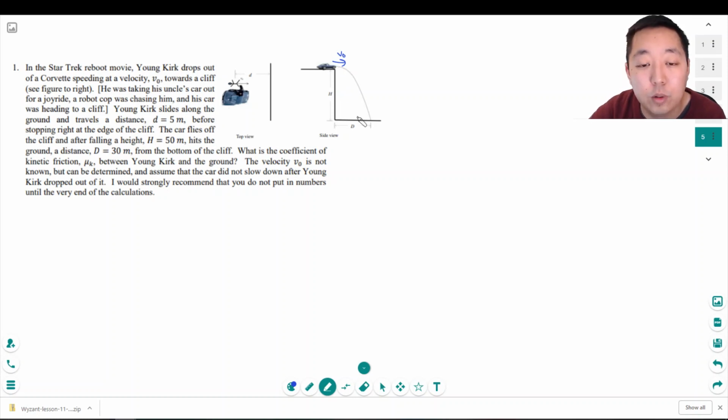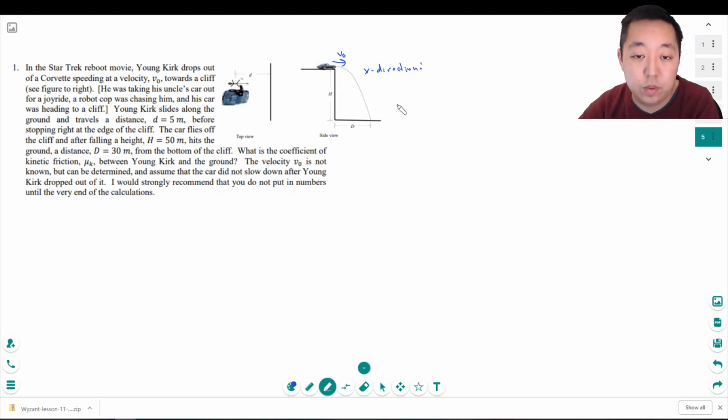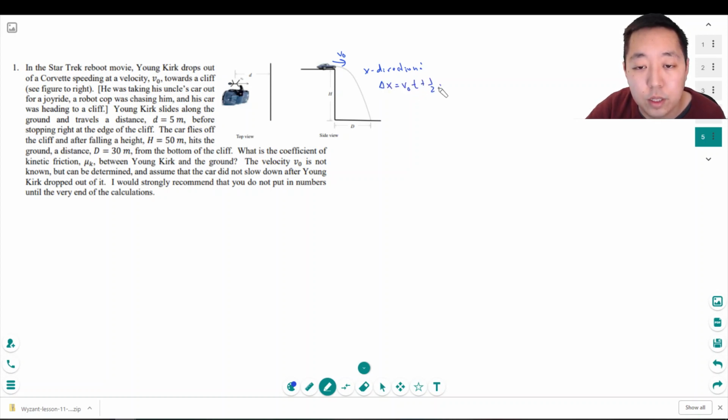Now, I know in the x direction, the distance, delta x is equal to v0 t plus 1/2 at squared. The displacement in the x direction is d, so d is equal to v0 t plus 1/2 at squared.